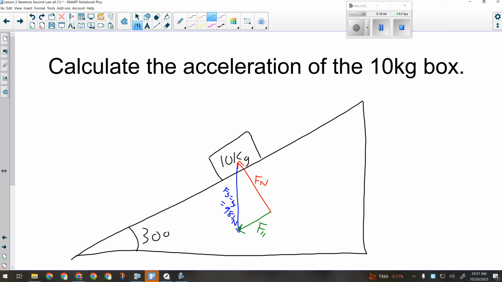If this side and this side are parallel, this angle and this angle are equal. They're similar triangles. It is this angle that results in the object going this way. Therefore, this angle right here is the same as the incline.